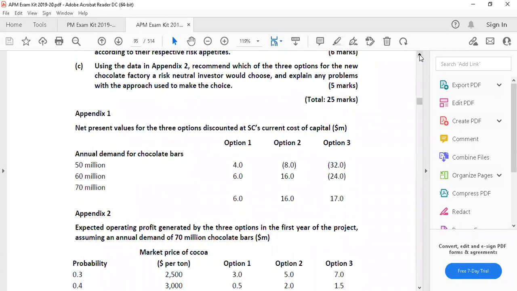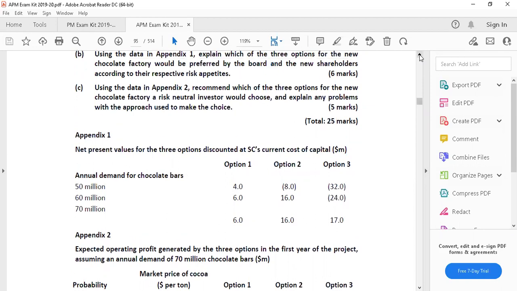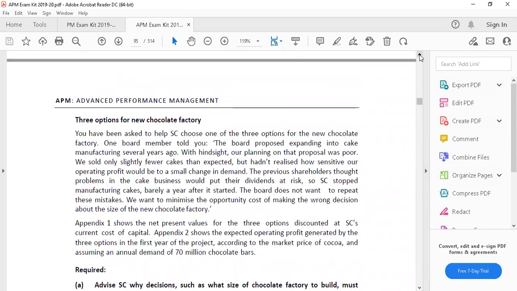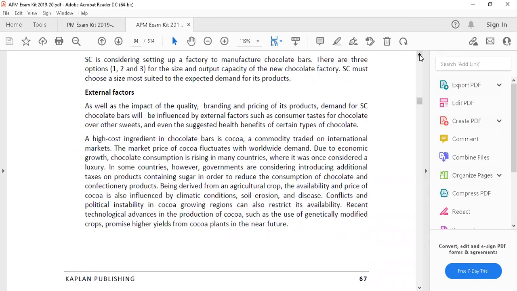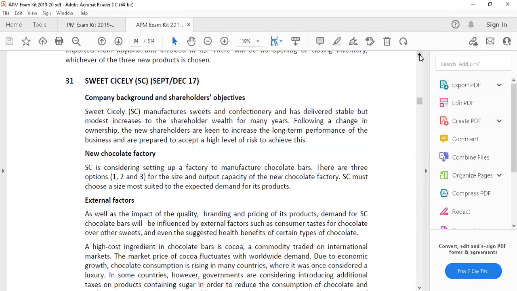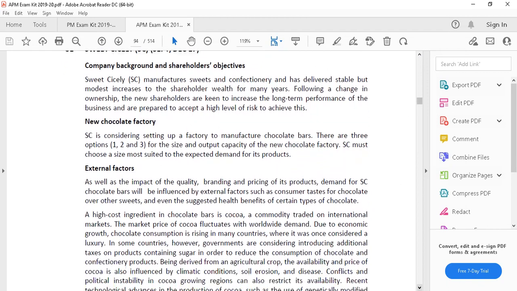I think only a risk neutral investor would choose from the scenario. Let's take it up. I will also work out another case study on that, but we have to do PEST analysis also. So let's take this question first.